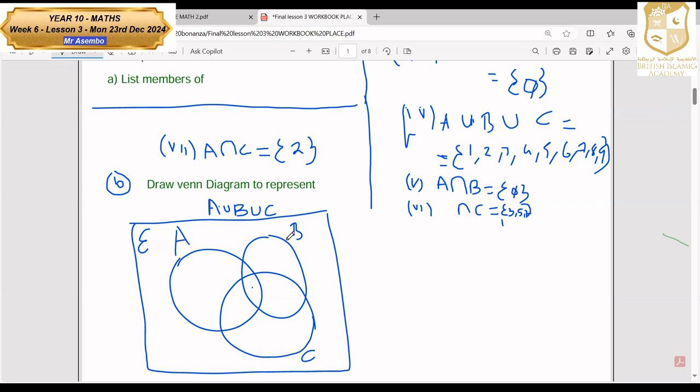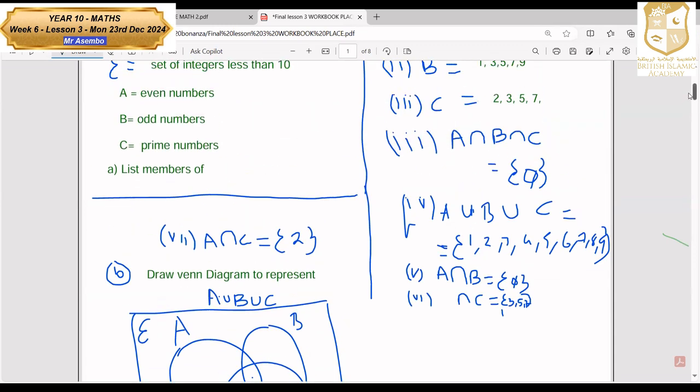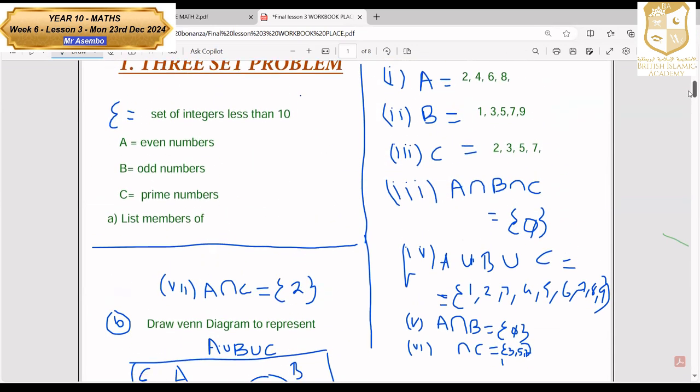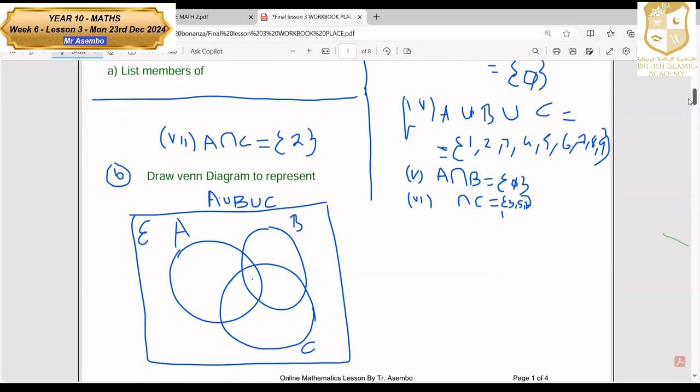Do we have A and B? No. So if it's no, we don't put anything there. So let's confirm. A and B, no, that is odd and even numbers.